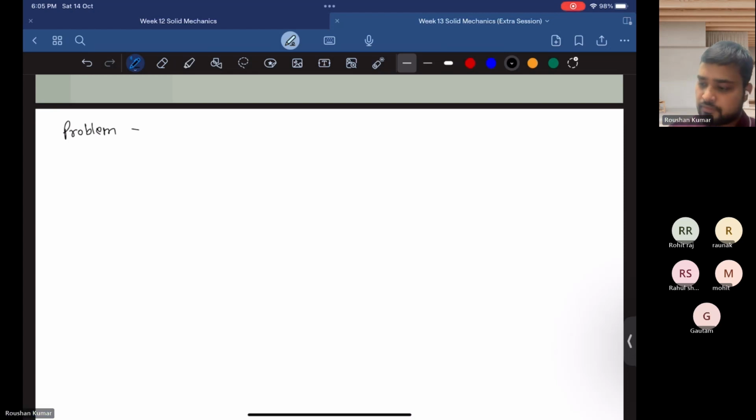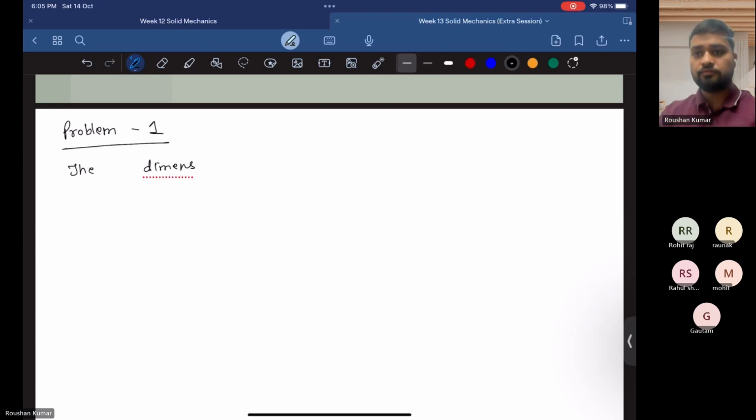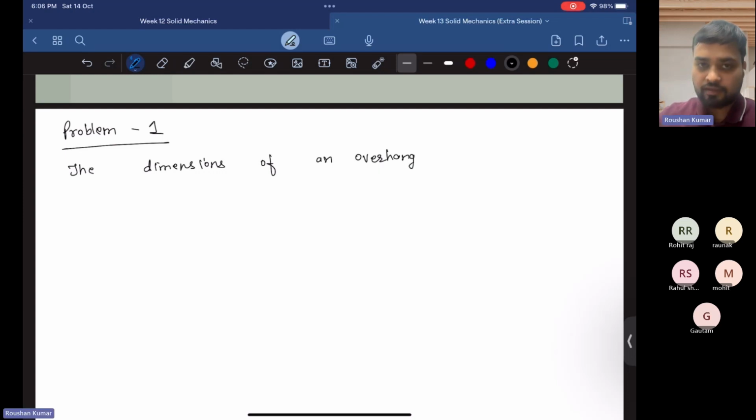Problem one. The dimensions of an overhang crank are given in figure 4.41.